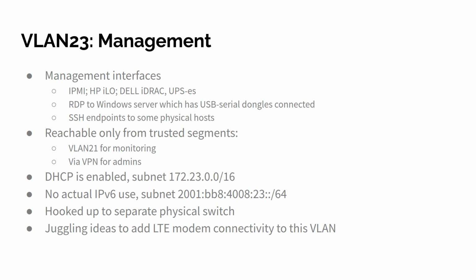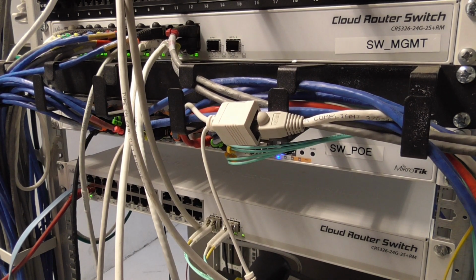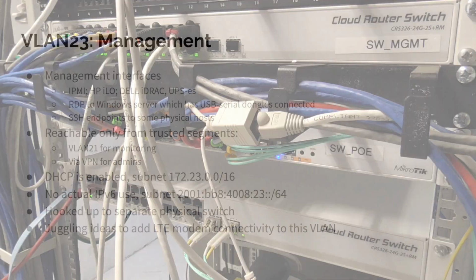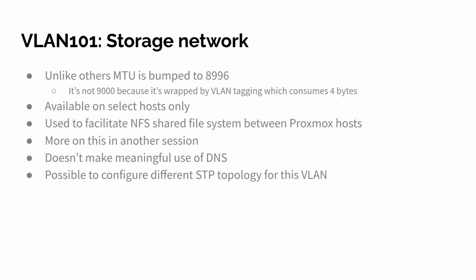That's again because the management interfaces tend to have rather archaic software deployed on them. This VLAN is hooked up to a separate physical switch, and we are juggling ideas to add LTE modem connectivity to this VLAN. So in case of an emergency, you would still be able to reach the server management interfaces even if everything else is down.